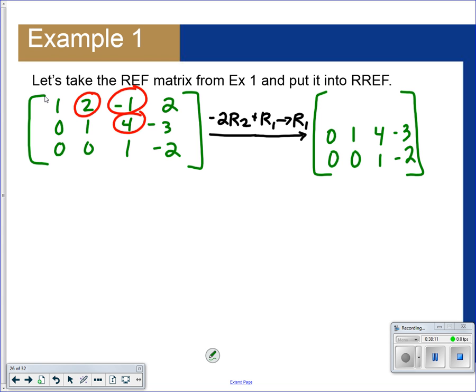Okay, so if we do negative 2 times row 2, this would be 0 plus 1, so that'll still be 1. This will be negative 2 plus 2, so that'll be 0. And then for the next one, negative 2 times row 2, so what's negative 2 times 4? Okay, and then we're going to add it to row 1, so negative 8 plus negative 1, negative 9.